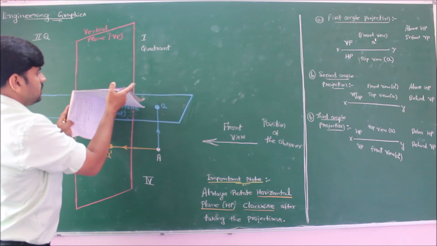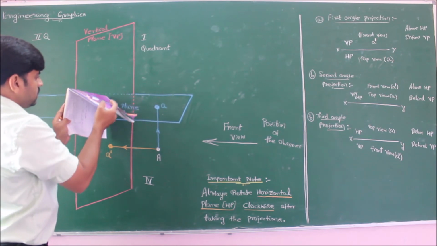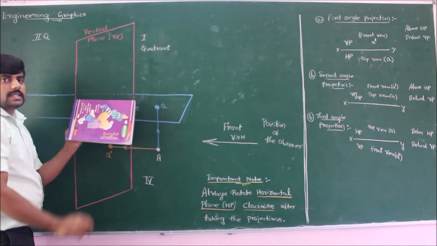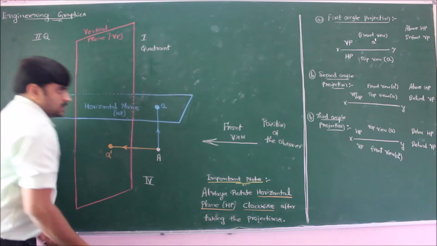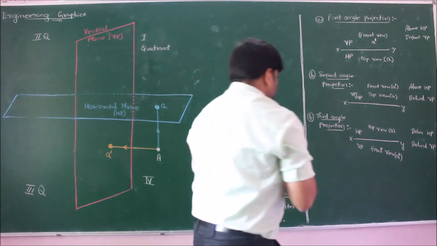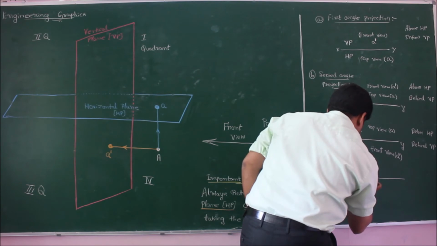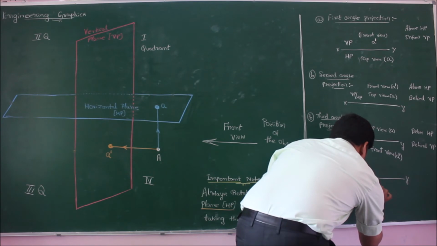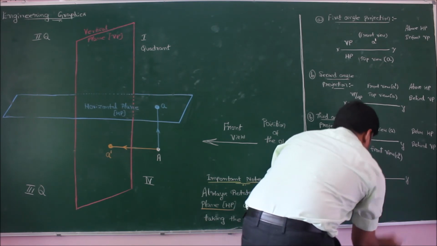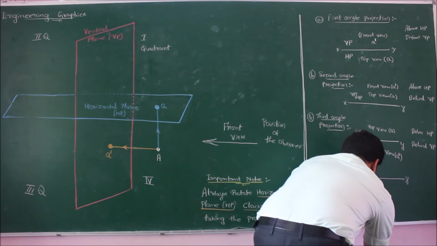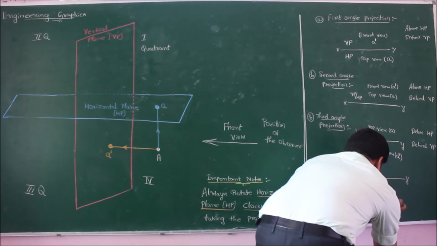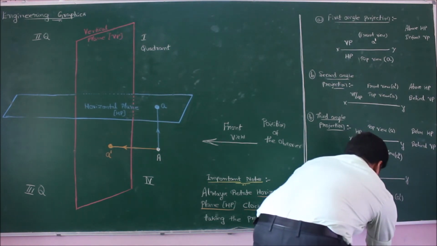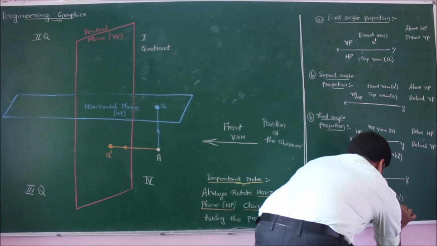So therefore, rotating the horizontal plane clockwise, both the vertical plane and the horizontal plane will lie below the XY line. That is, in the fourth angle projection, we have the XY line, and both VP and HP are coming below the XY line. Here itself we should show the front view which is A dash, and the top view which is A.